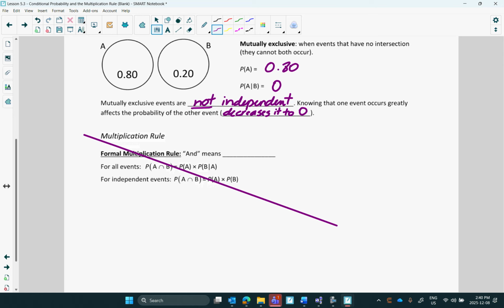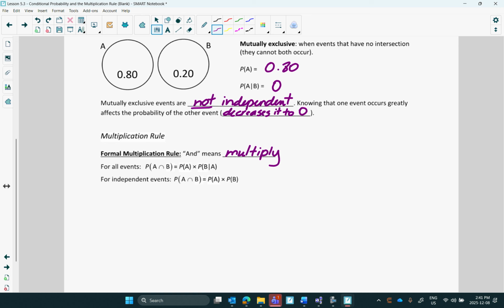So just as a summary from this, and remember in the previous lesson, I told you that or means add, and and means multiply. And you can see here, for all events, this is if they're dependent events, where one depends on the other, to find the probability of two events happening, I have to multiply the probability of the first event by the probability of the second event, given that the first event happened.